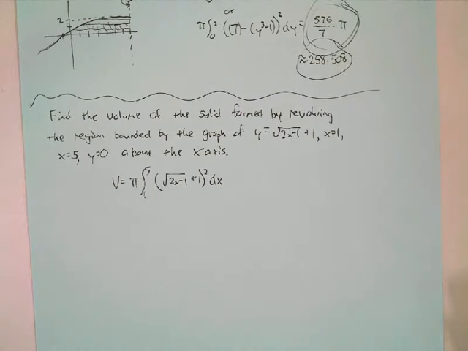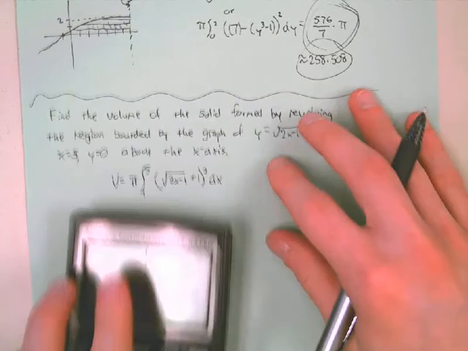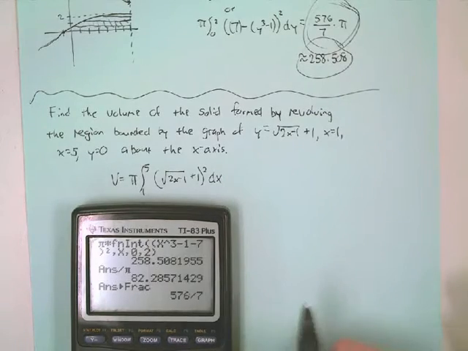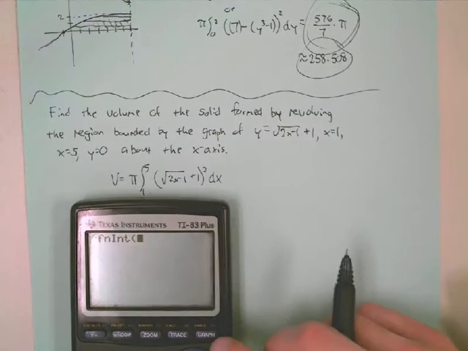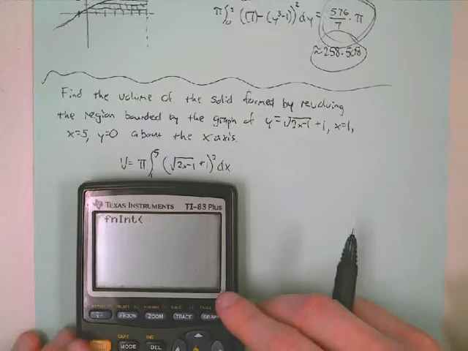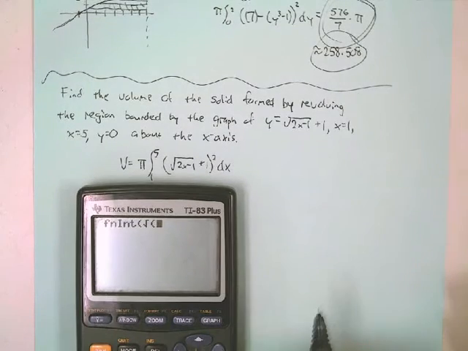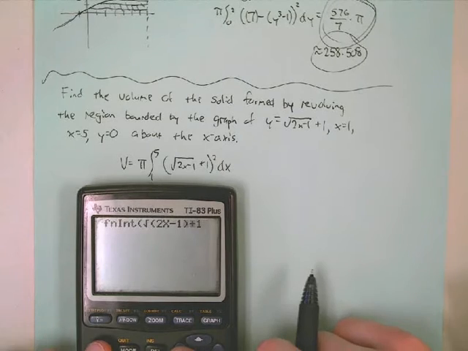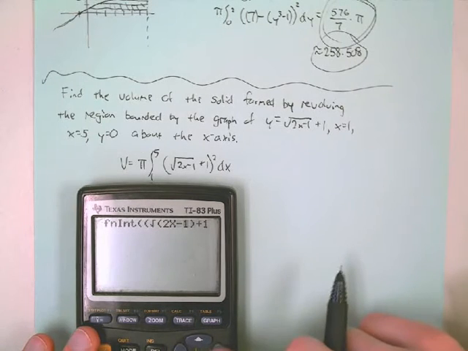Questions on any of that? All right, so again, I'm just going to go to the calculator to do this one real quick so that way we can save ourselves some time. So math 9, let's see here, we're going to do square root 2x minus 1 plus 1. Oops, I need to put parentheses around the square root there. And the plus 1. Squared.